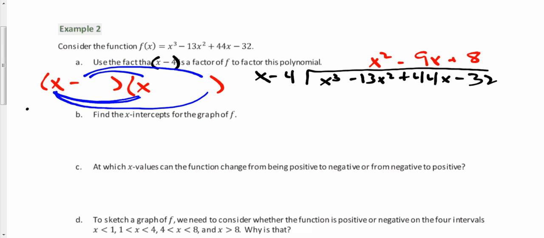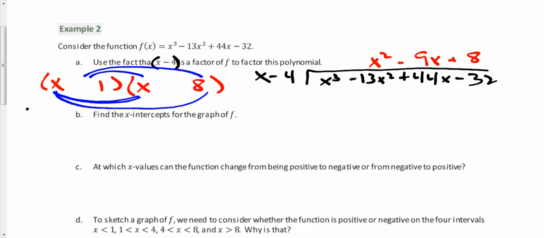Now, let's look at the last term, 8. How does that factor? We're going to go 8 and 1, right? Because 1 times 8 makes 8, right? They're either going to be both positive, because a positive times a positive gets me a positive, or they're going to be both negative, because a negative times a negative also gives me a positive.